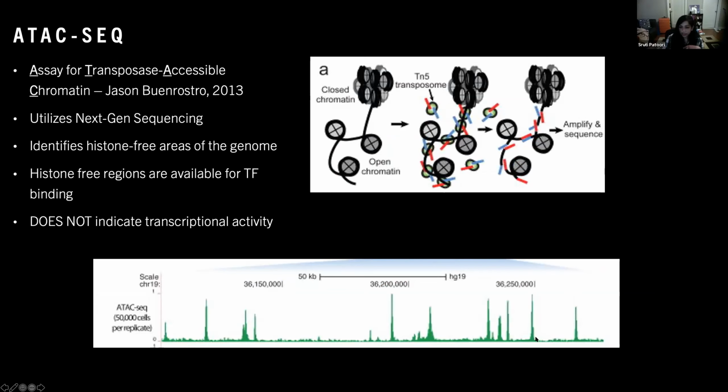Or if you're going within one healthy body, if you took some liver cells and some retinal cells, though they both express a lot of the same genes, you would expect different enhancers to be active in the liver and in the retina. What factors control which enhancers are active?